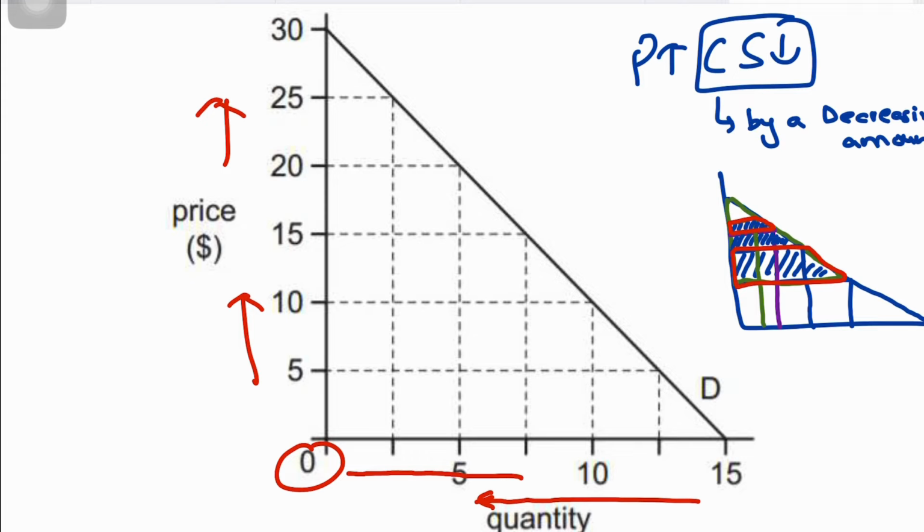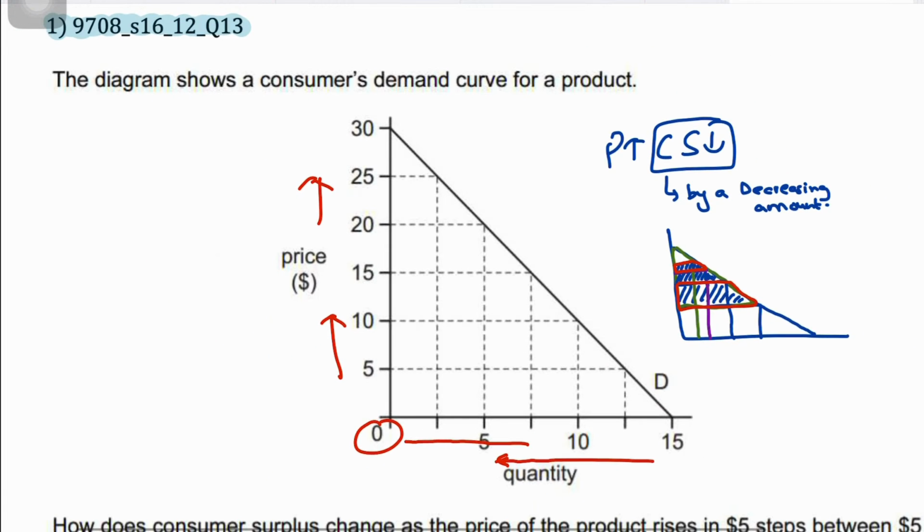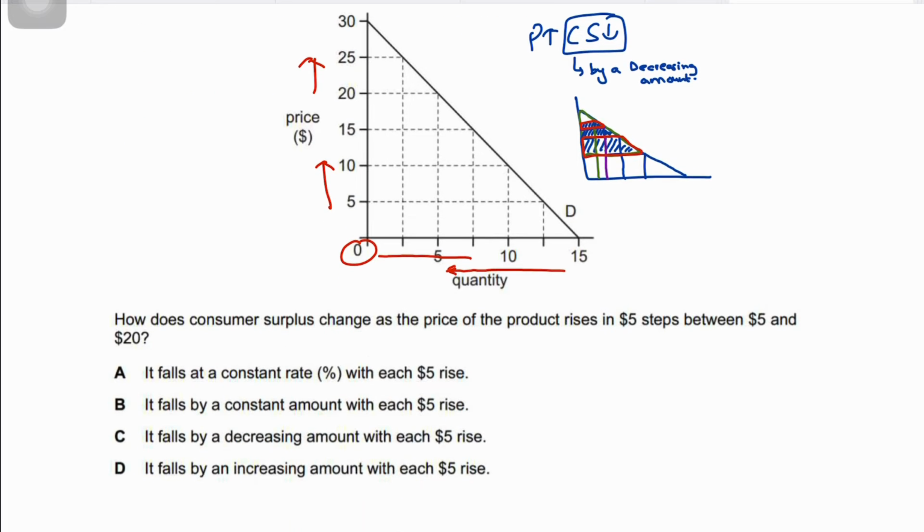So fine, the welfare declines, but each time less is consumed, the amount of that decline in welfare is less as well, because the consumption is approaching the origin. That's one way to intuitively make sense of it, right, guys? So the answer should be that it falls by a decreasing amount.